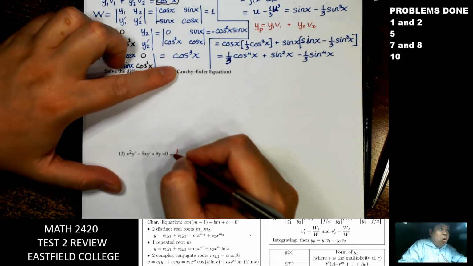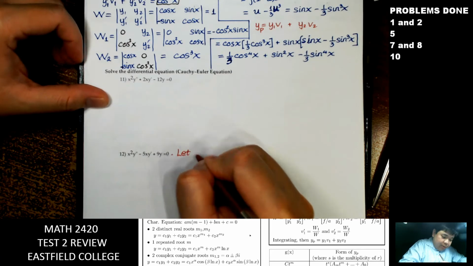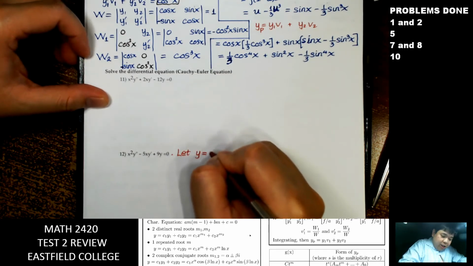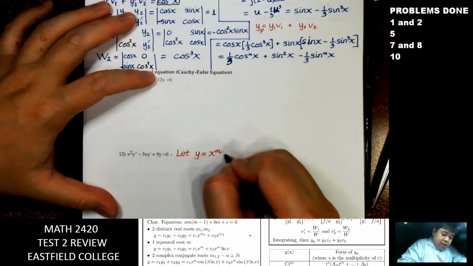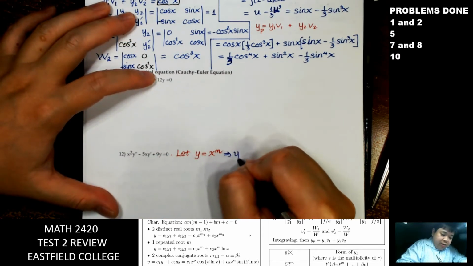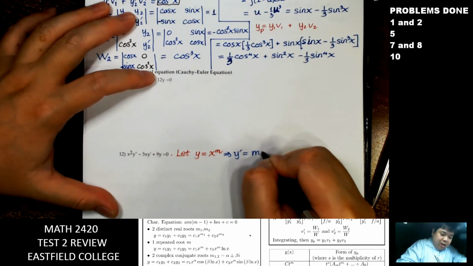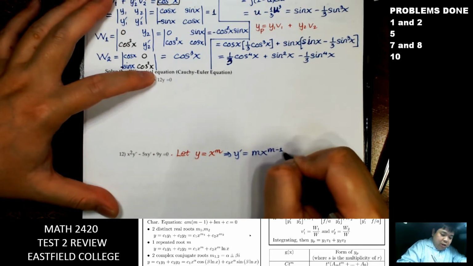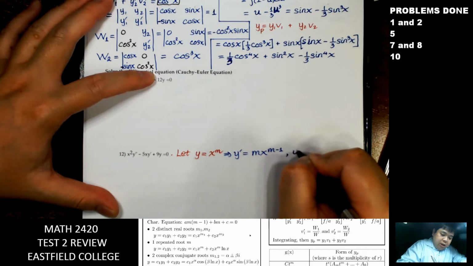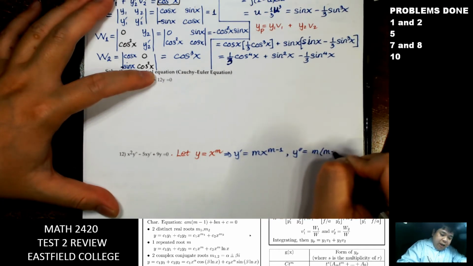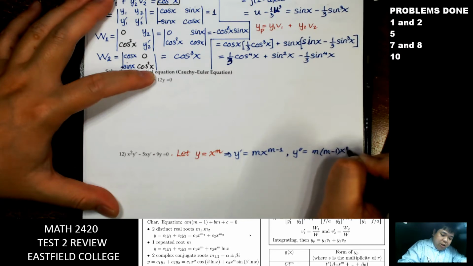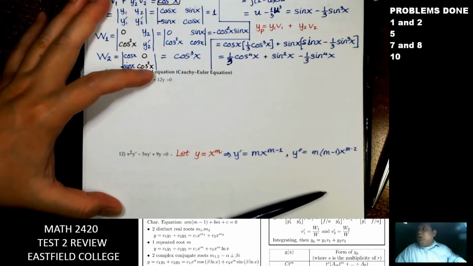Note that in the Cauchy-Euler, the solution is going to be x to the m power. Then we just substitute back in. Of course, first we take the derivative, m x to the m minus 1. Second derivative, m times m minus 1 x to the m minus 2.